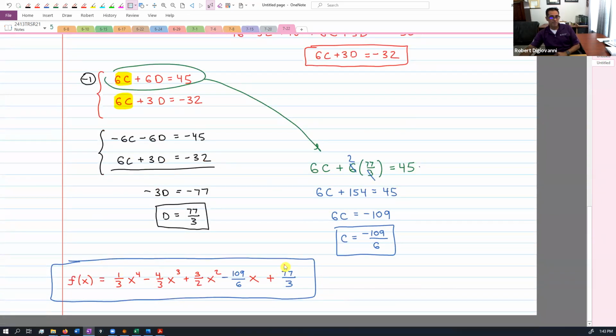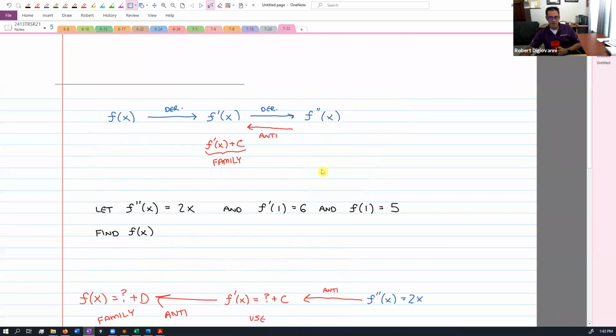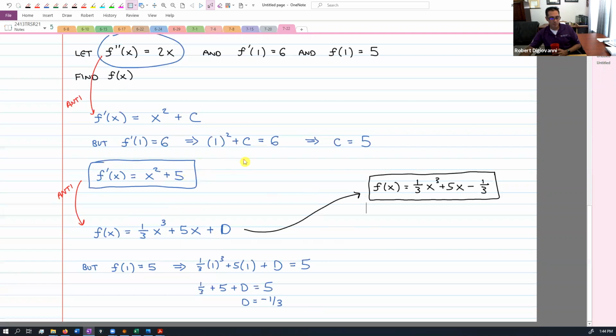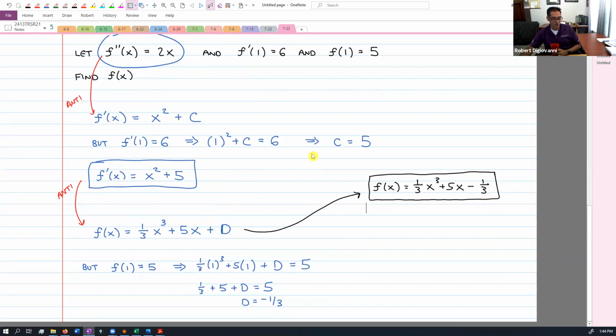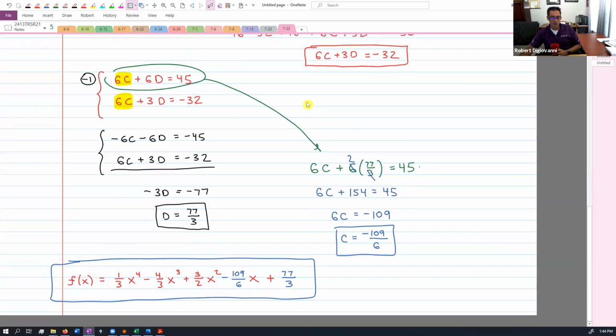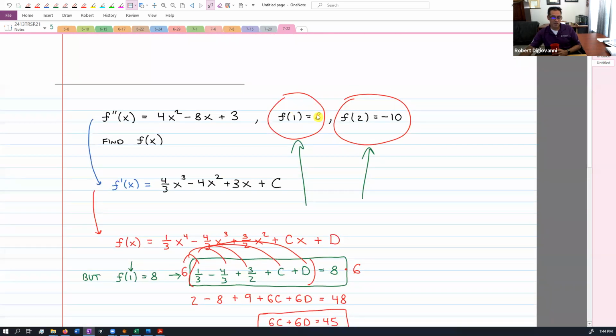All right. That's kind of interesting, right? That's different than that problem I gave you before, where I gave you some information about the derivative and then the original function. Then it was kind of easy to go backwards. But when I don't give you any information about the derivative and I just give you information about the original function, 2 pieces of information, you have to do a little more work.